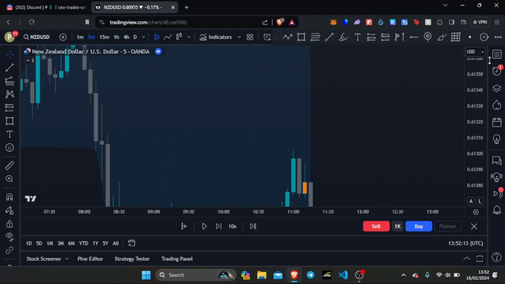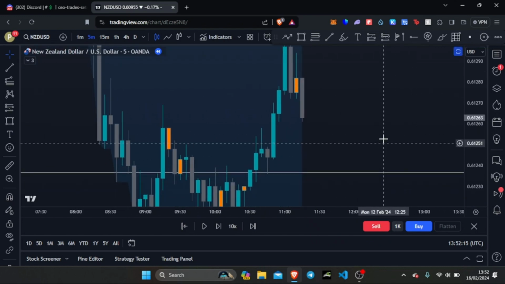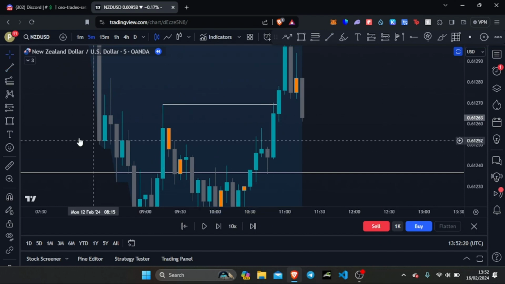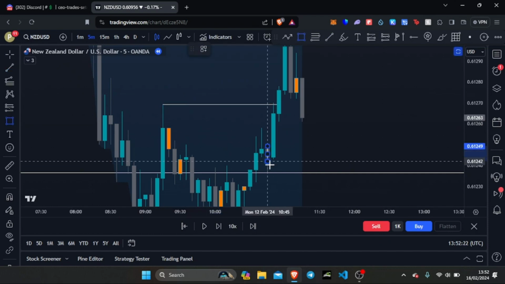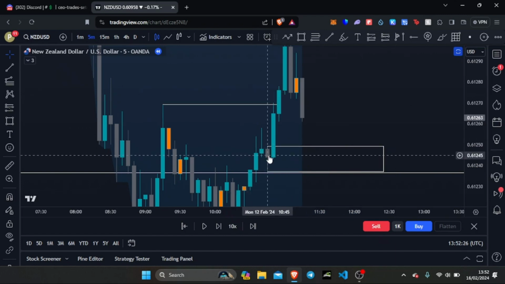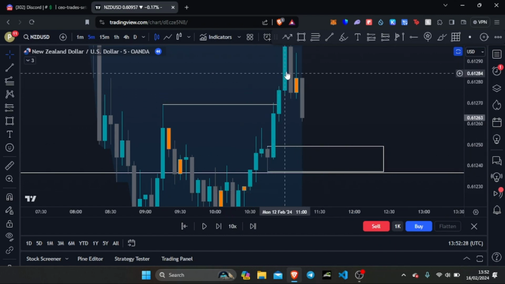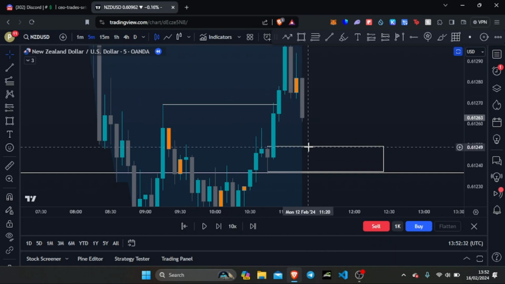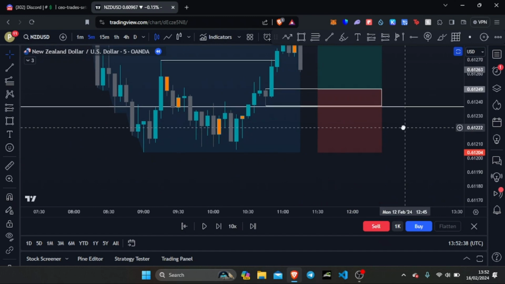So what we can start to identify is what area was responsible for breaking structure right here. As we can see, this down close candle before this exponential move out that left this inefficiency is what caused price to break structure to the upside. Therefore, this candle is a very high confluence area where price can return to before giving us a reaction out.